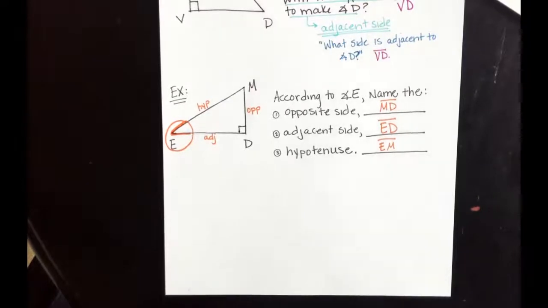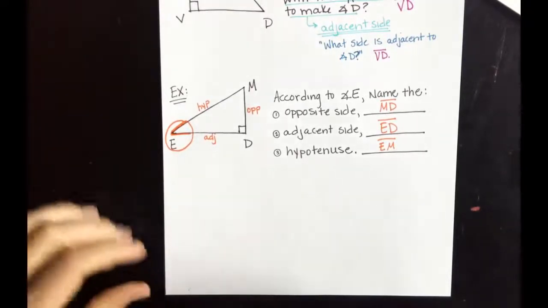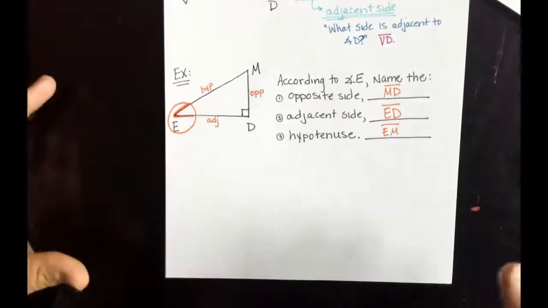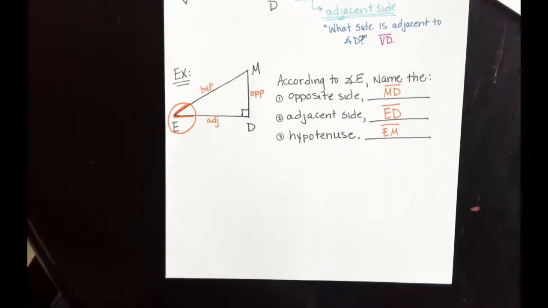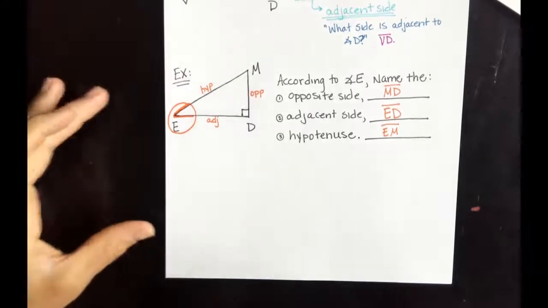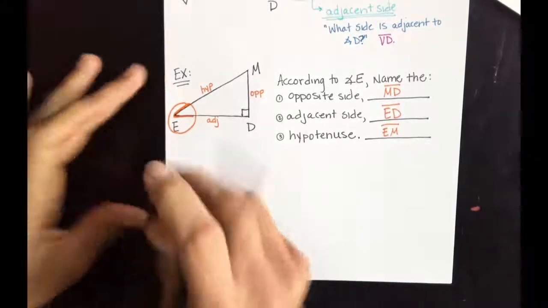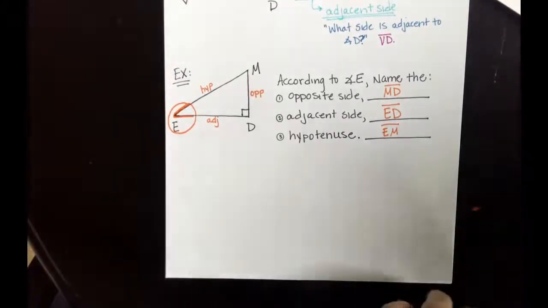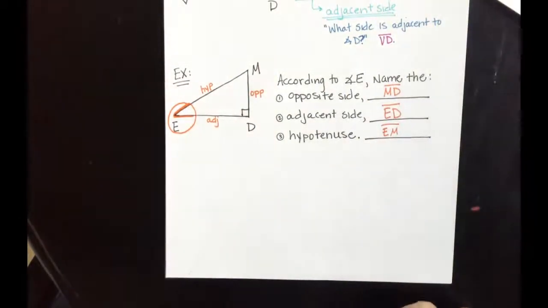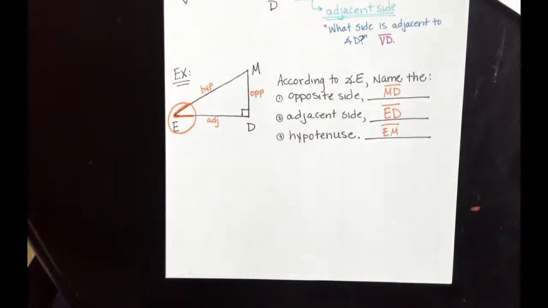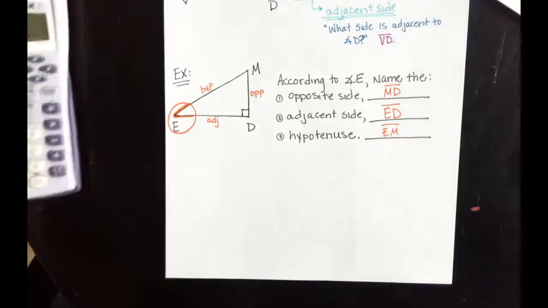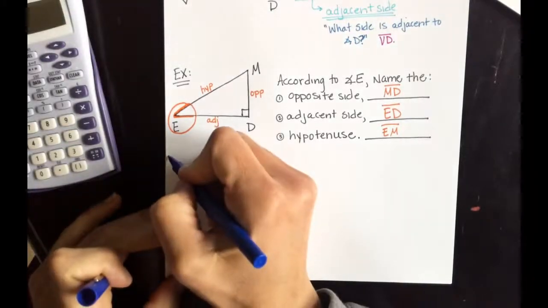All right, last one before we move forward. What we're going to do now is we're going to talk about our ratios. So now when we talk about our ratios, your calculator is set up all the time.